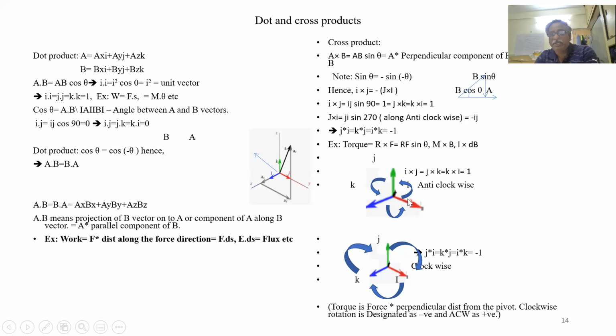So I cross J, J cross K, K cross I are positive. J cross I, K cross J: what is the angle between them? The positive angle is 270. So sin 270 is minus 1.